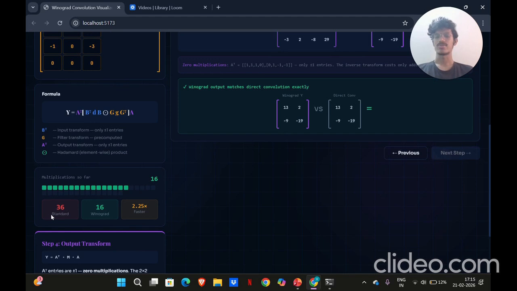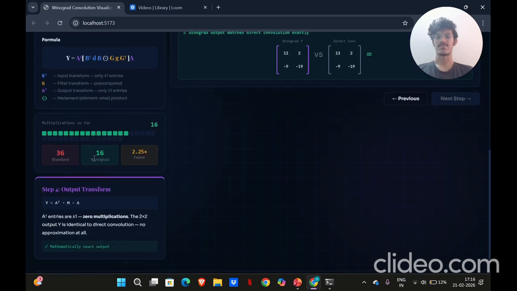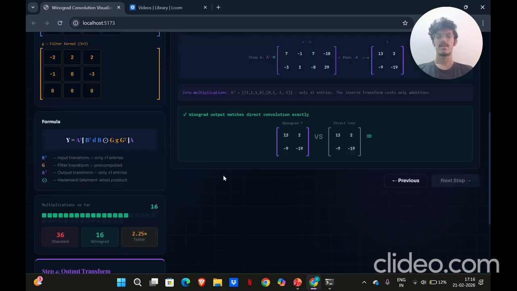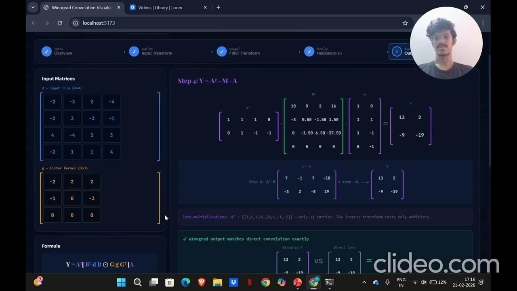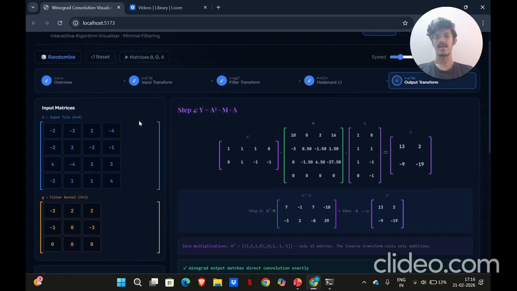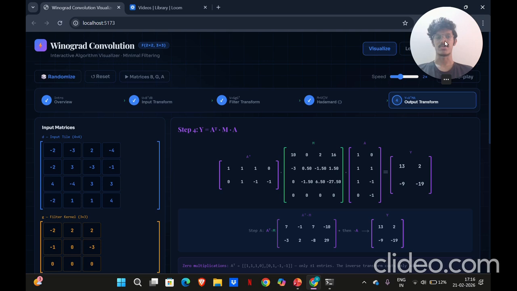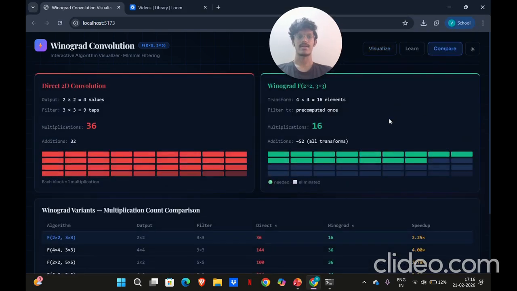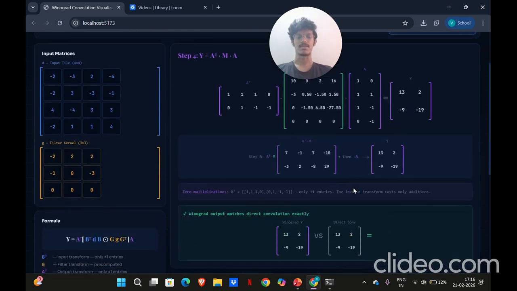Standard convolution uses 36 multiplications, a huge multiplication cost, but Winograd uses only 16 of them. Hence there's a 2.25 times speed up for this sized matrix, but on average, I'll show in the comparison slide how much faster it has been. Currently, let's complete the visualization.